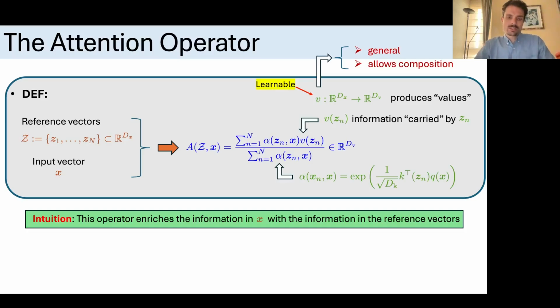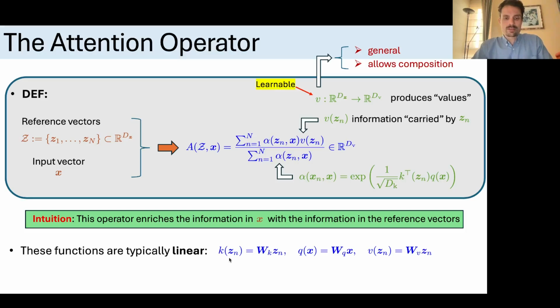The intuition is that we can think of this as a function of x that returns another vector with information that is brought from this side information or set of reference vectors. So this is like words exchanging meaning, as we saw earlier.